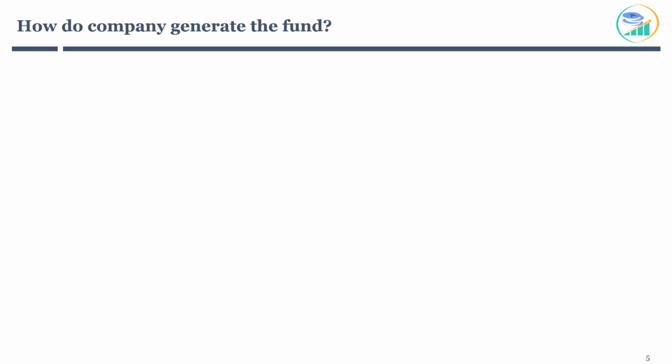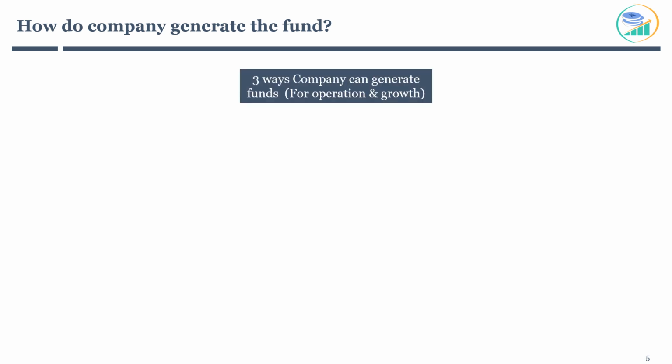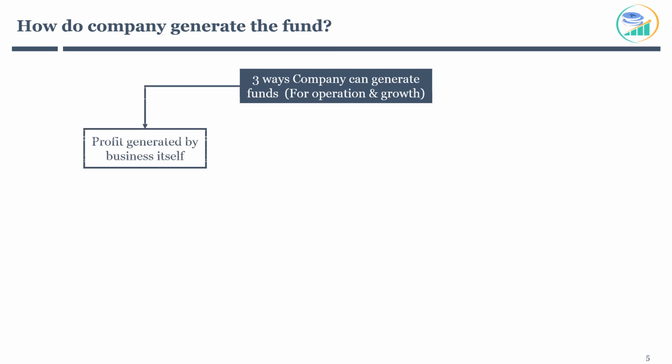Before I explain equity portion of balance sheet, let's understand how company fund its operation and growth. There are 3 ways company can generate funds. First, profit generated by business itself. It can be reinvested for business expansion. Second, raising debt from banks.